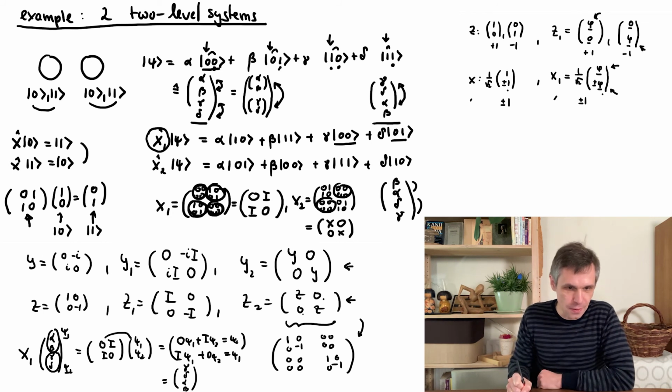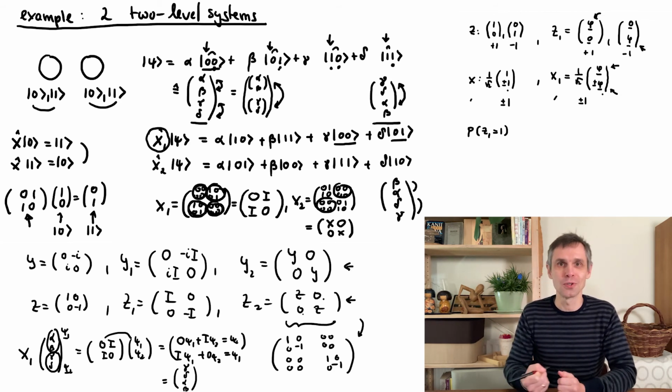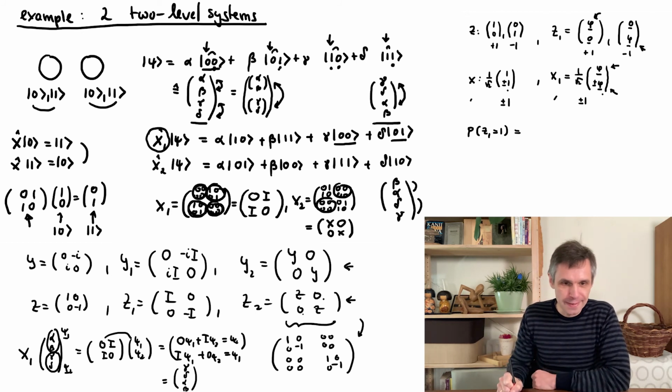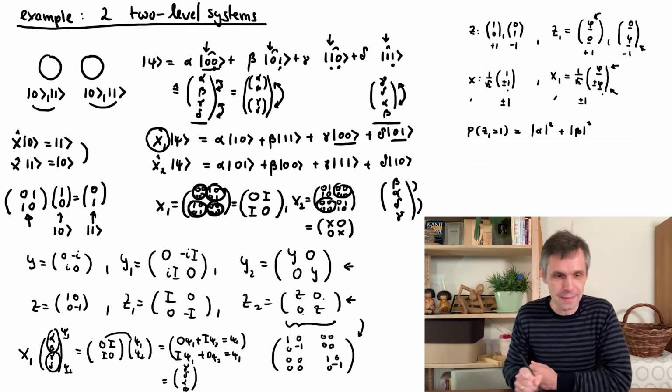For instance, when we consider the observable Z of the first quantum system and ask if the value that we observe is +1, this corresponds to the first of our two quantum states, the one with the 0 entry. Then we just have to see where the 0 entry appears, and it appears in the state |00> with a coefficient alpha, and in the state |01> with a coefficient beta, and so we just have to add these two probabilities.